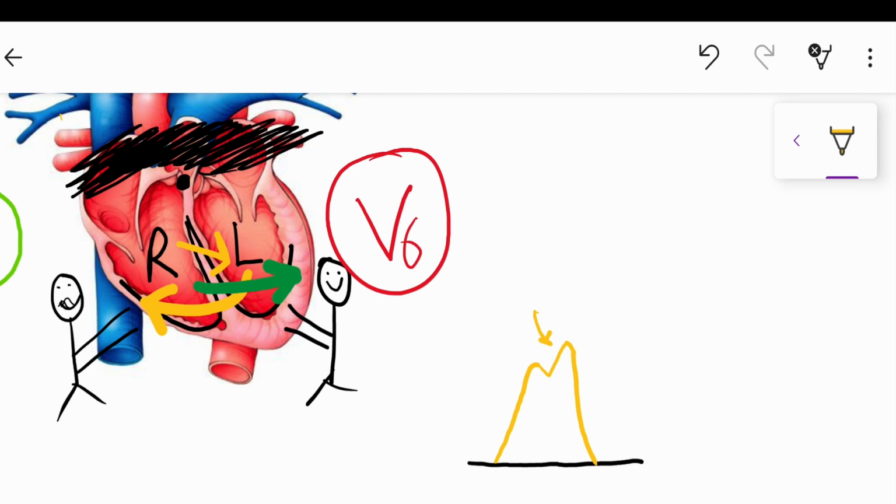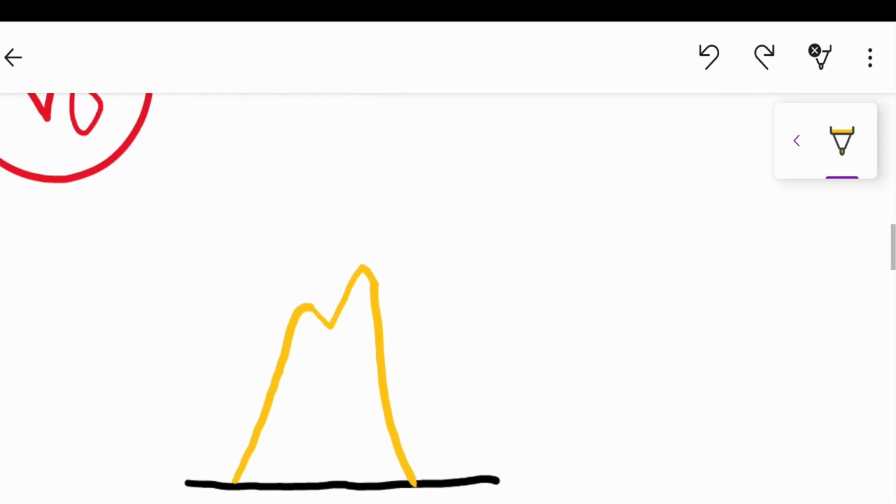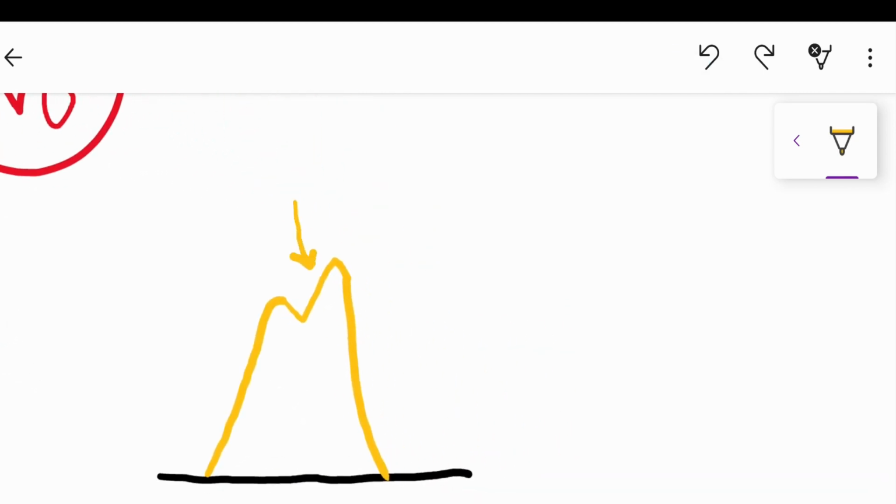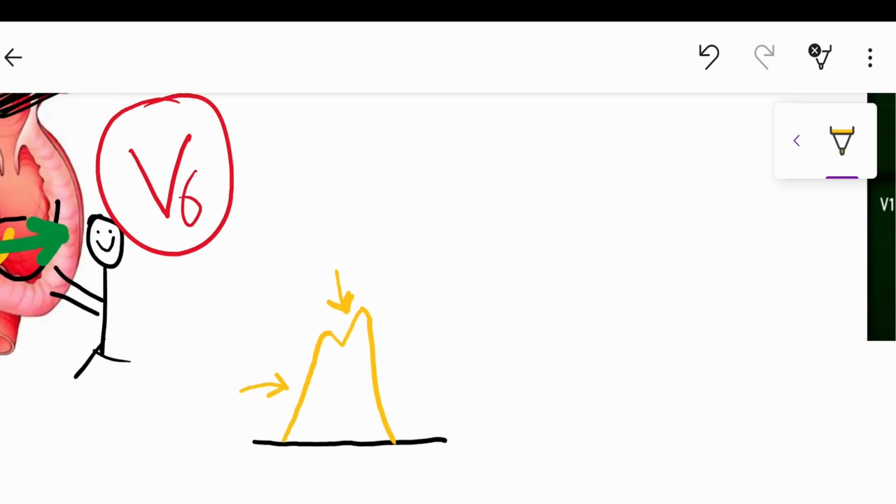That's the positive one here. That was our positive one over here. This one was because of the septal. This one was because of the ventricular contraction.